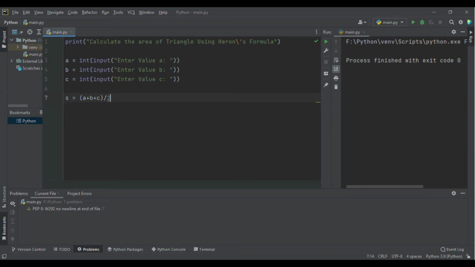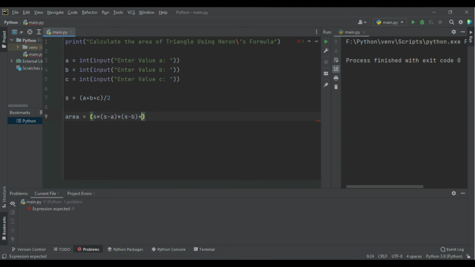After that we assign the area to the variable area, whose formula is s multiplied by s minus a. We write down here an asterisk, which is multiplication, again s minus b, then again an asterisk and s minus c.